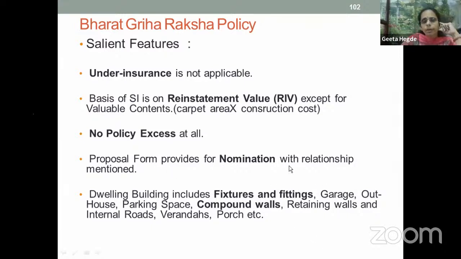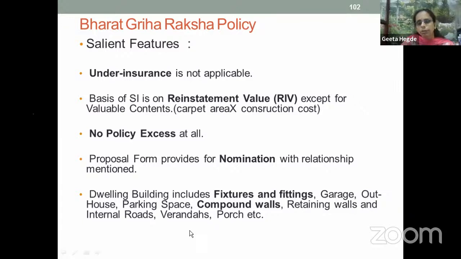Proposal form provides for nomination with relationship mentioned. Dwelling building includes furniture fittings, the garage, outhouse, parking space, compound walls, retaining walls, internal roads, verandas, porch, etc. There is more clarity in the policies as to what all can be the property, because sometimes when we were issuing the policies, there used to be an issue with the claim related to compound wall.